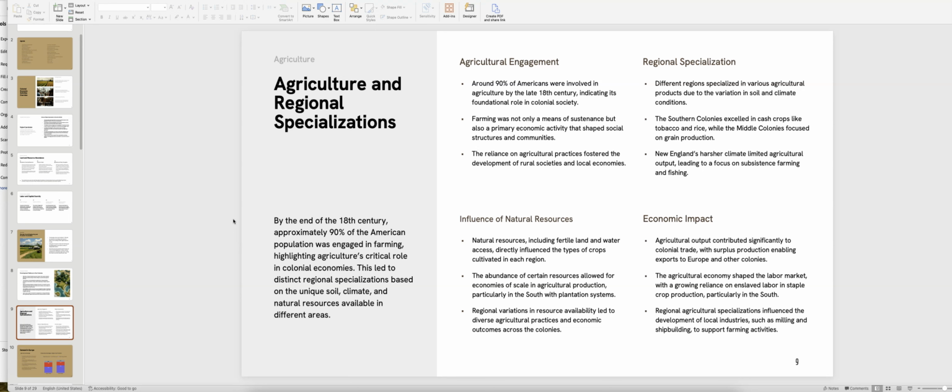The middle colonies and New England were just too small scale, right? They're just surviving. And the southern colonies really are thriving here throughout the 18th century.